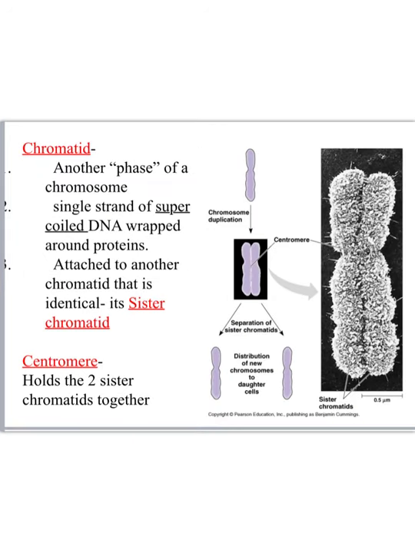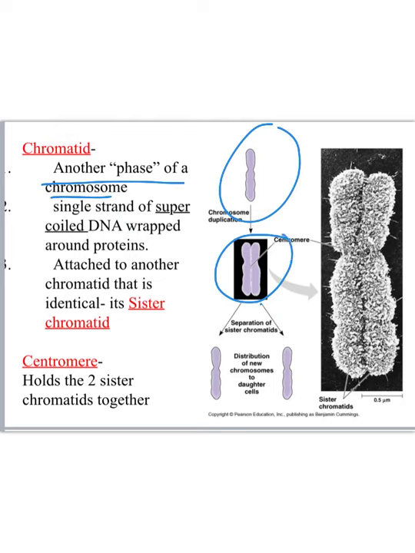A couple other C vocab words is chromatid. So a chromatid is another phase of a chromosome. It's a single strand of super coiled DNA, and it's wrapped around those histone proteins. And after we have duplicated our DNA, we get 2 sister chromatids.